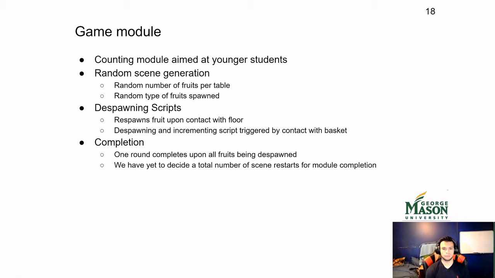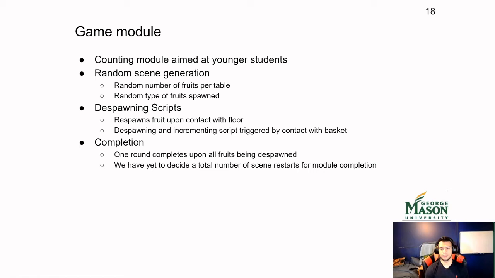This also required multiple despawning scripts to keep the game running smoothly. The range of the Leap Motion camera in the Unity environment is very small, so if you do not have proper spacing, the fruits can get out of range very easily.